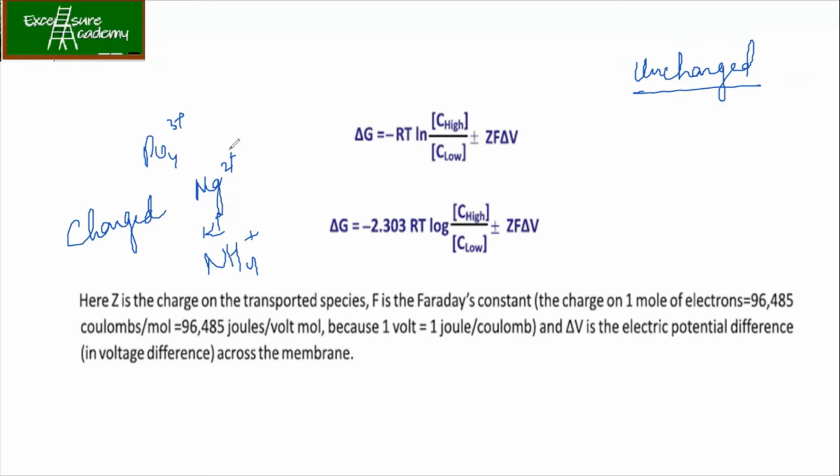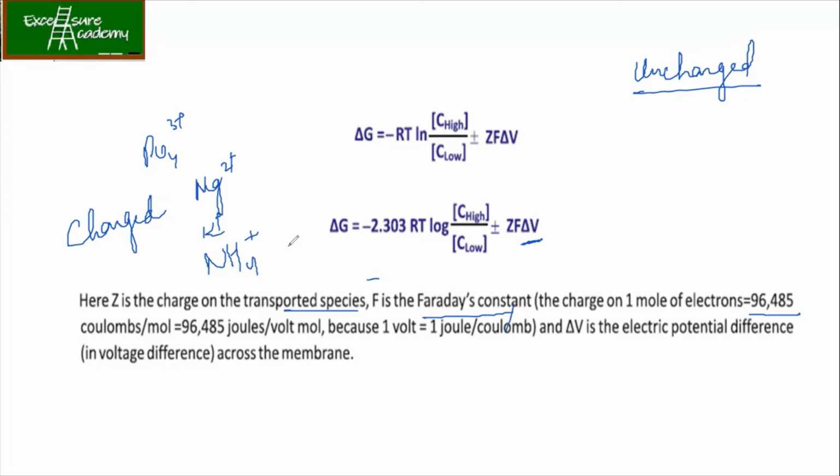When you have such charged species, how is it going to get affected? Here Z is the charge on the transported species, F is the Faraday's constant, which is 96485, and delta V is the electric potential difference across the membrane.